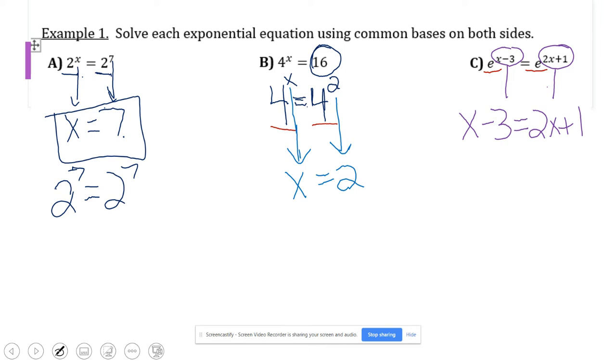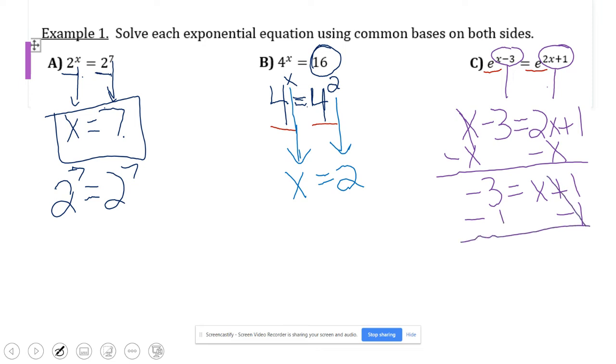Well, now this is just regular old solving. I'm going to bring my like term x over with the 2x. And then I'm going to bring my like term of 1 over with the negative 3. And I get x is equal to negative 4.